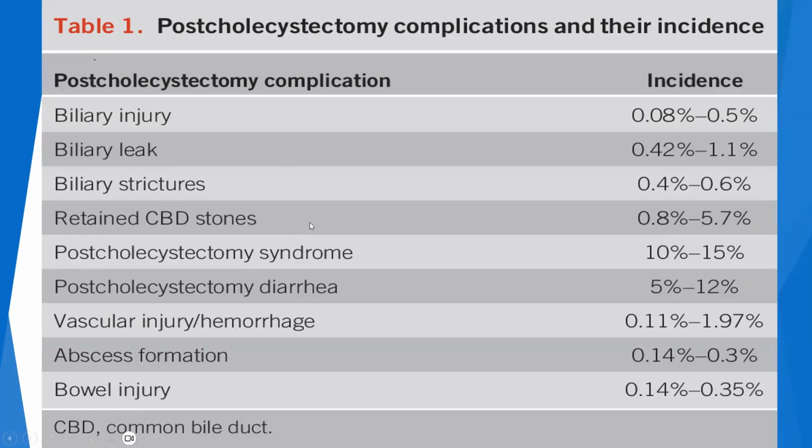Retained CBD stones: if you haven't had a close look into the patient's signs, symptoms, and the scans, you may miss them and you don't explore, and then there will be retained CBD stone. Post cholecystectomy syndrome is an established syndrome in which indigestion to fat, persistence of the pain, and other symptoms happen, like post cholecystectomy diarrhea.